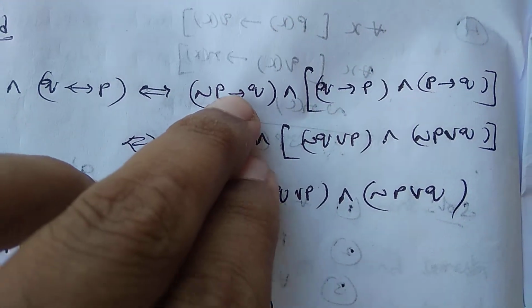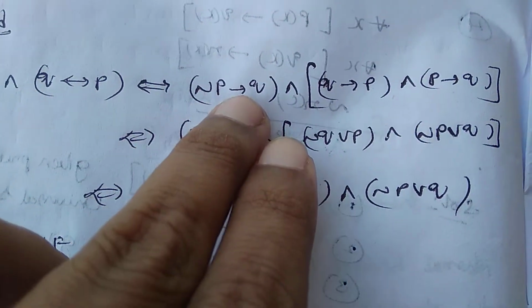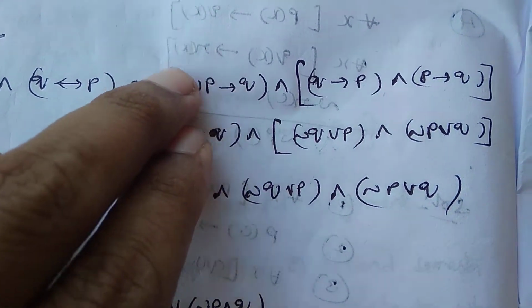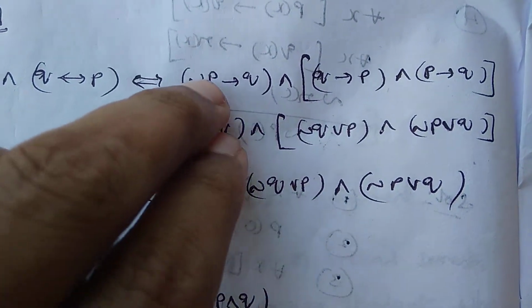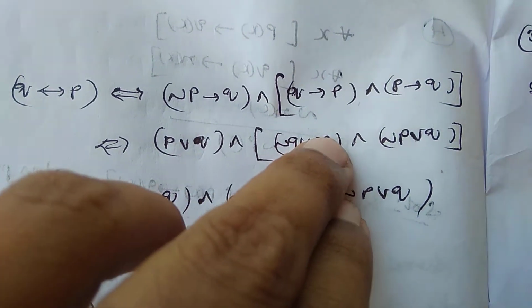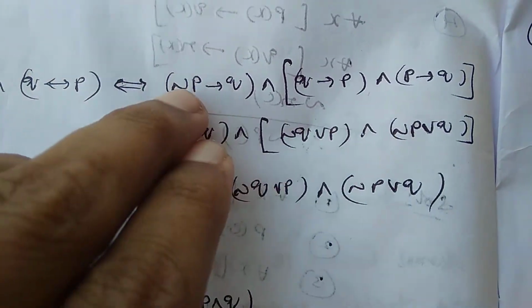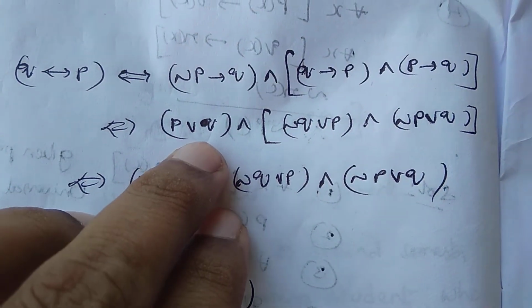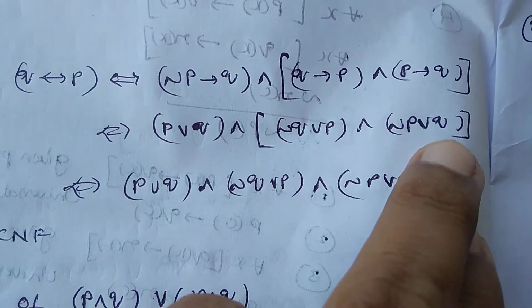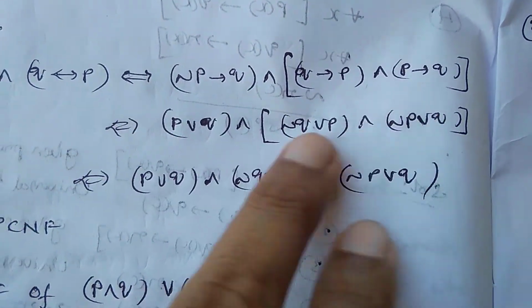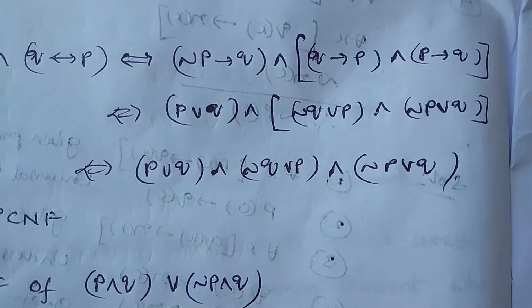Again, these are conditional statements. For conditional statements, wherever you see them in the formula, you put the first proposition with negation, OR symbol, second proposition. Here also negation Q or P. Here also negation P or Q. Here also negation of negation P or Q, that is P or Q. So convert all the conditional statement symbols into AND and OR.